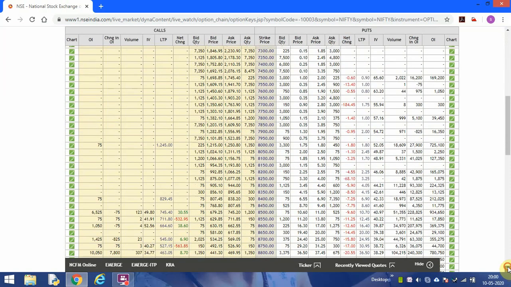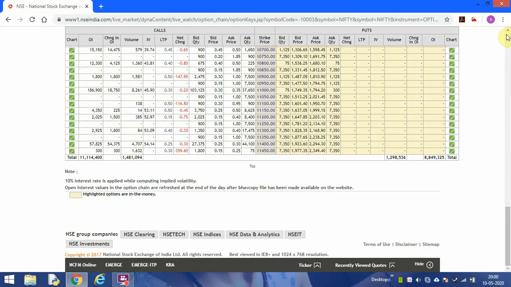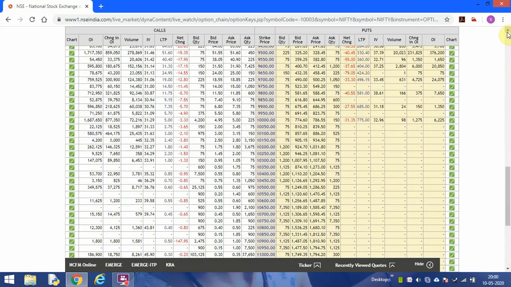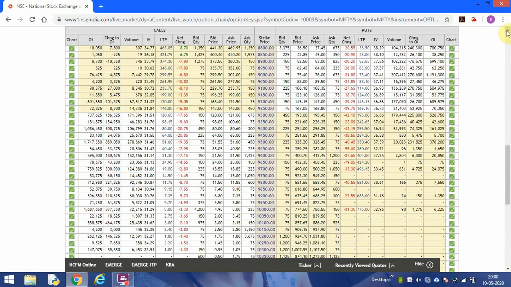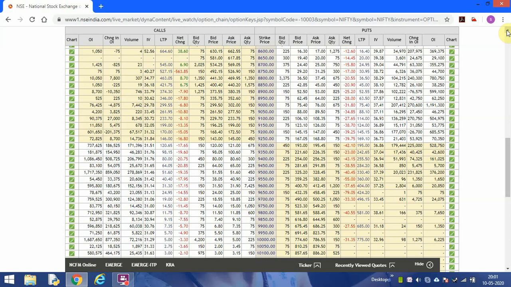Just go down here, just see that 9250 level. You have to consider two things here. Two things are basic here. Put will always work as a support and call will work as a resistance.